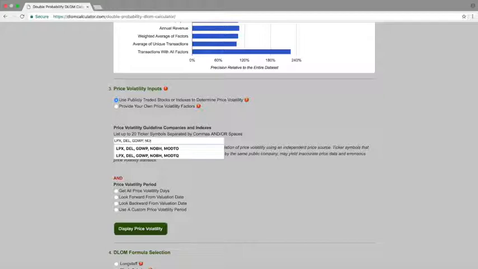Nobility Homes Incorporated, ticker symbol NOBH. NOBH is classified in SIC code 2451, which is mobile homes manufacturing. Modtech Holdings Incorporated, ticker symbol MODTQ. MODTQ is classified in SIC code 2452, which is prefabricated wood buildings and components.